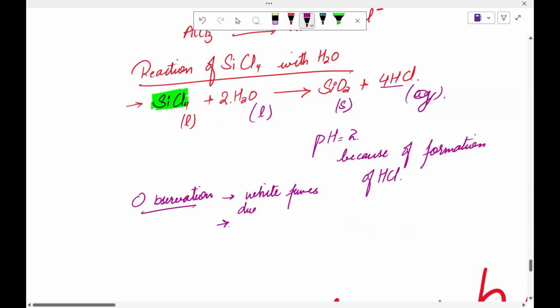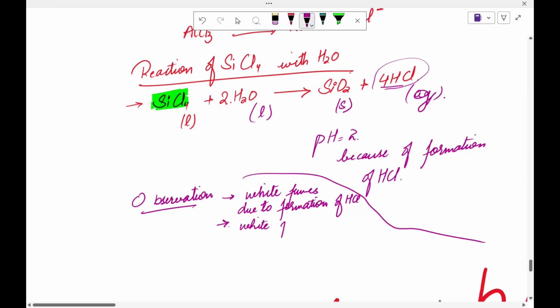Due to the formation of HCl. Because of its formation only, the white fumes are formed. The second observation is that white precipitates are formed because of SiO2.